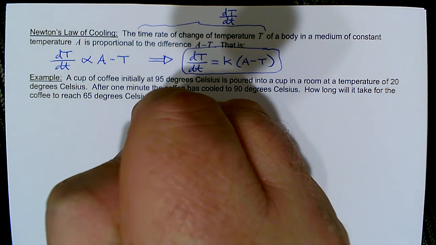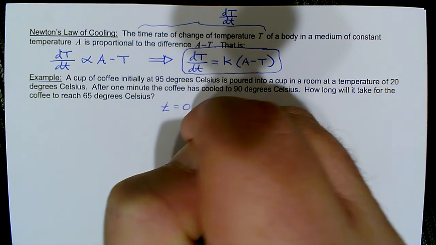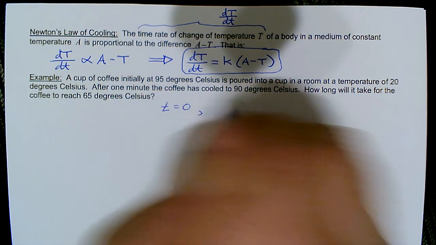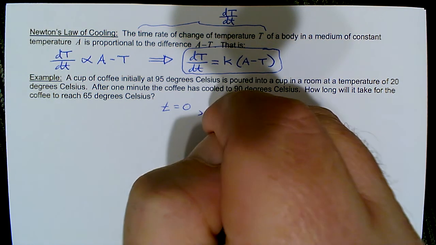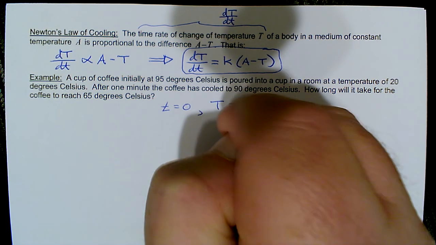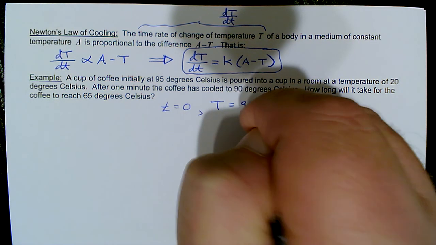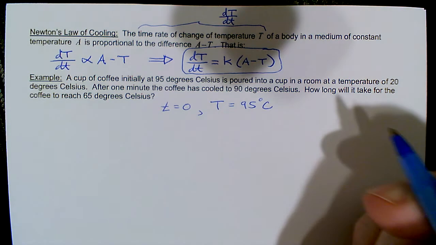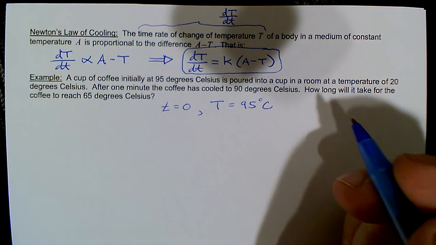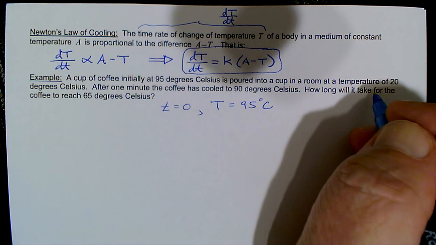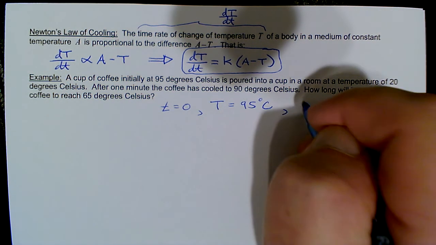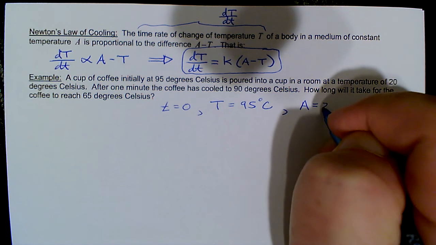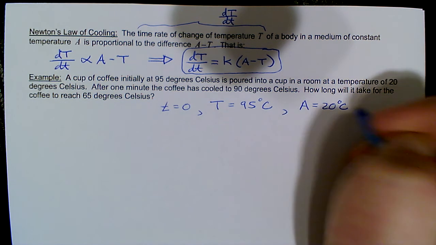At t equaling 0, the temperature T is 95 degrees Celsius. Oh, and also A is 20 degrees Celsius.